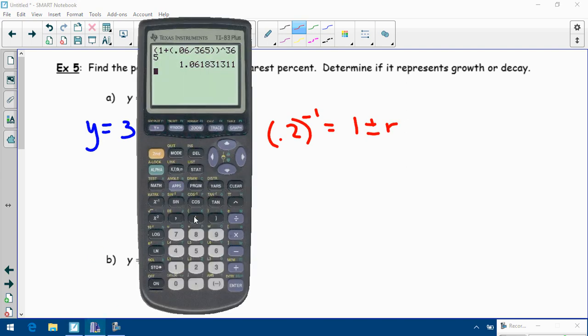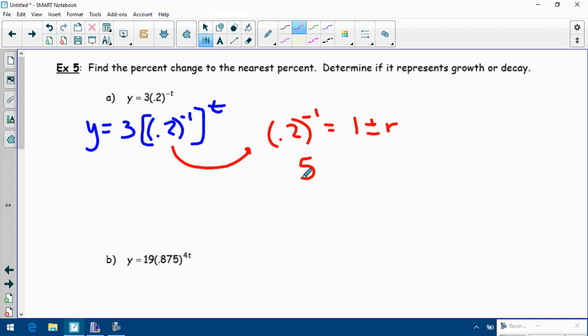We go to our calculator. 0.2 raised to the negative 1 is 5. So 5 equals 1 plus or minus r. Subtract the 1. So we get 4 equals r. So is it growth or decay? It's definitely growth because it's positive.